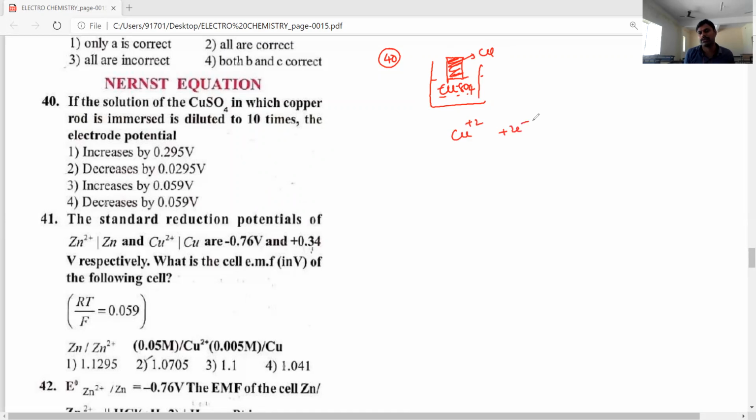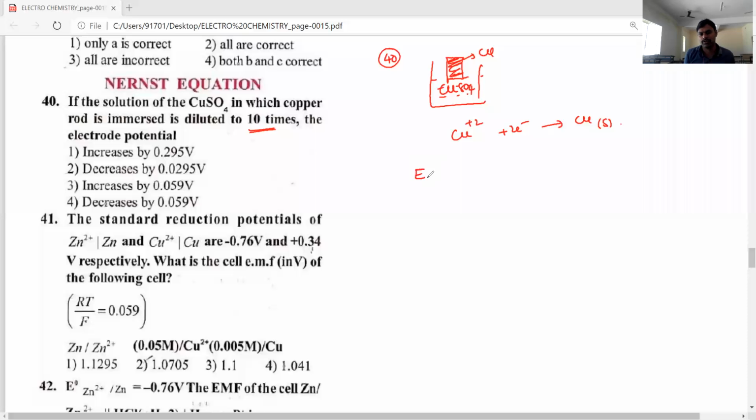It accepts 2 electrons and is converted into copper solid. Okay, when the concentration of copper is decreased, diluted by 10 times, then what will happen to its electromotive force, the E cell, they asked.